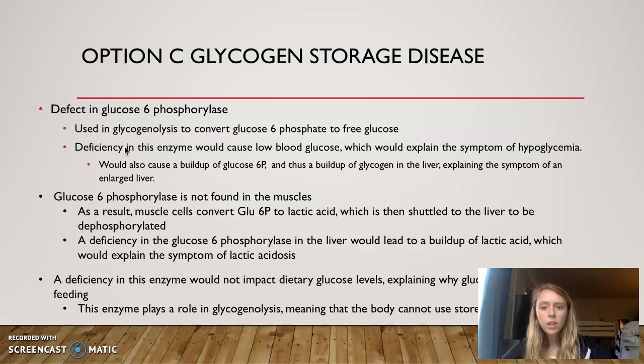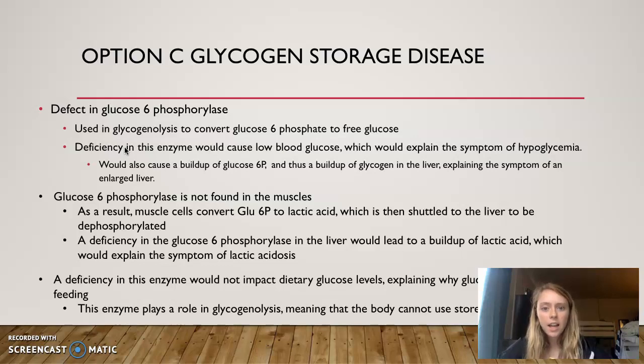Glucose 6-phosphorylase is not found in the muscles. So when this process occurs in the muscles, a process called the Cori cycle actually occurs. And that is where glucose 6-phosphate is converted to pyruvate and then to lactic acid. And this lactic acid is then shuttled to the liver to be dephosphorylated.